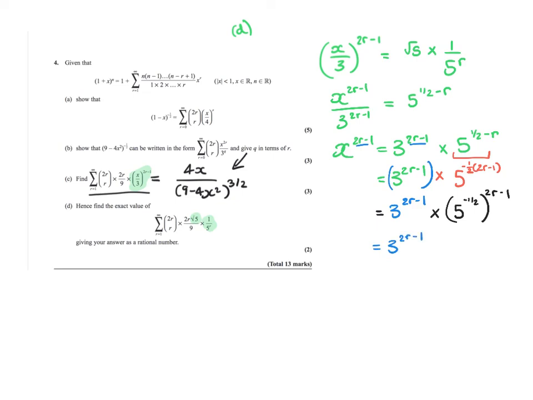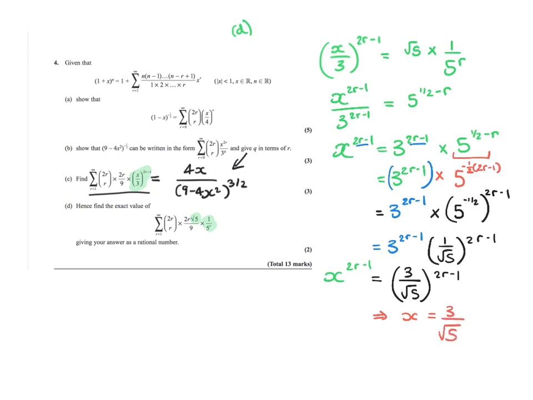Now what is 5 to the power of -1/2? Well, it's 1 over root 5. So I have this, and then this can all be written as 3 over root 5 raised to the power of 2r minus 1. So both numerator and denominator would be raised to the 2r minus 1. And of course, because this is equal to x to the 2r minus 1, we can now conclude from here that x has got to equal 3 over root 5.